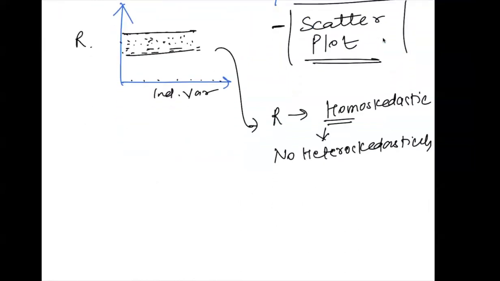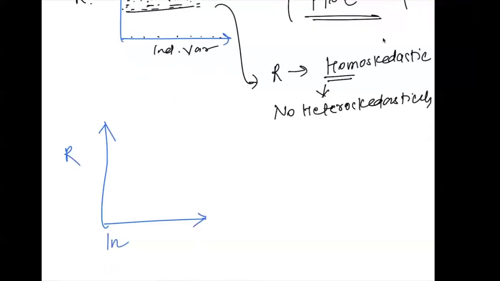But when you do a scatter plot between your residual and your independent variable, and if you get a cone-like structure, let's say your residuals are distributed all over the place, it is not constant anymore.